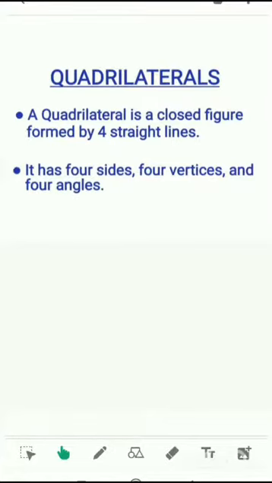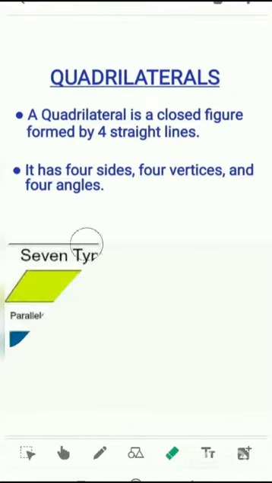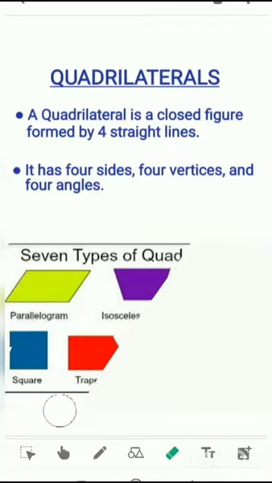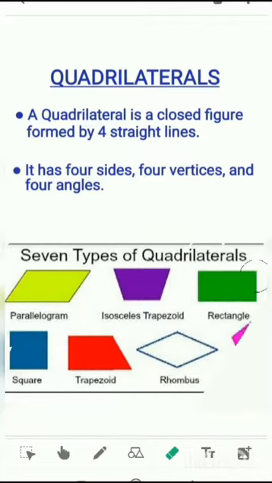Now you are familiar with the square and parallelogram. There are many other figures with 4 sides, 4 vertices and 4 angles. That is, there are different types of quadrilaterals. These are the 7 types of quadrilaterals.